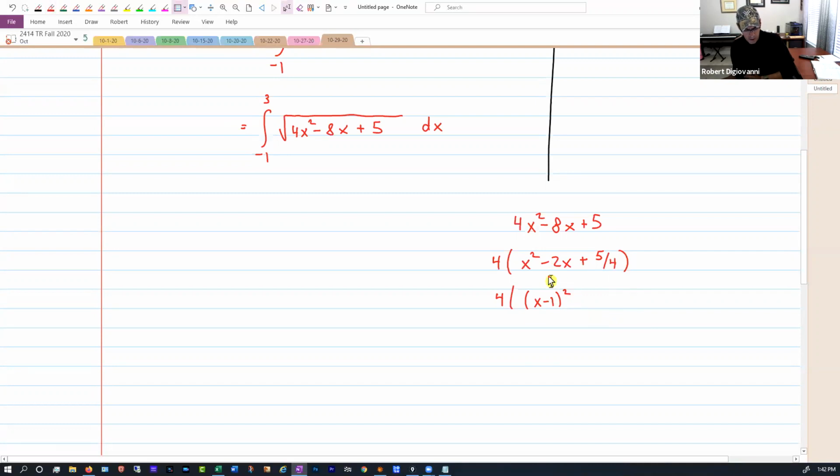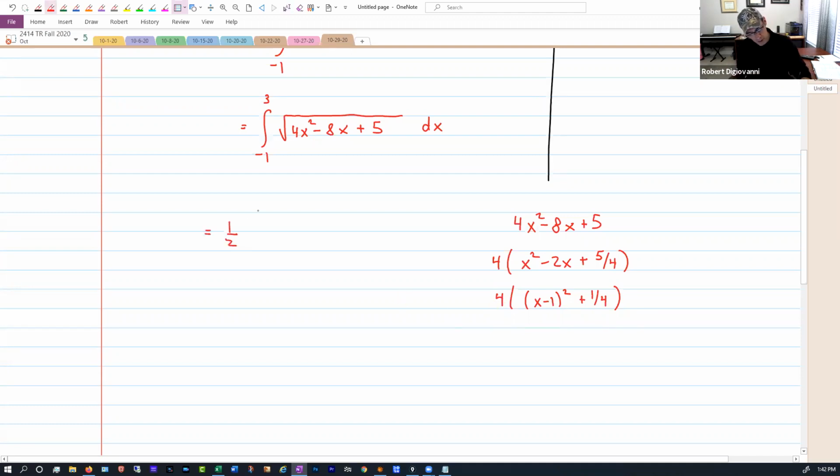Okay, so I took half of that and squared it, added and subtracted. So I added 1 and subtracted 1. When I subtract 1 from that, I should get 1/4. Everyone understand what I did there? And that's what's going to go underneath that root. So when I put that under the root, the 4 can come out, so I'm actually going to have a 1/2 out here now.